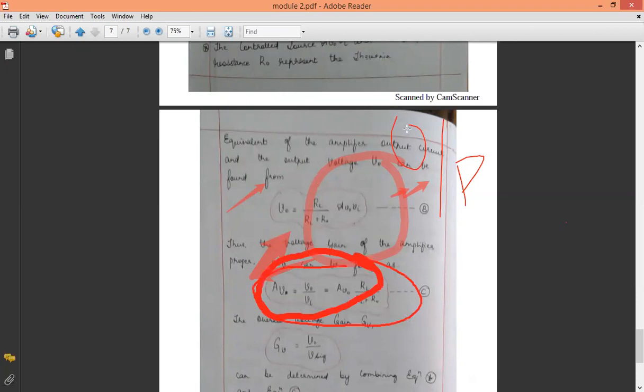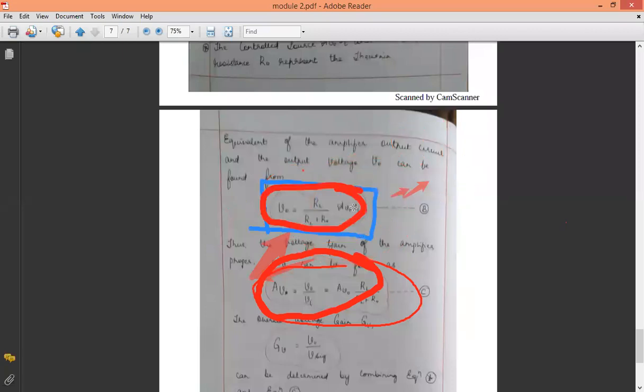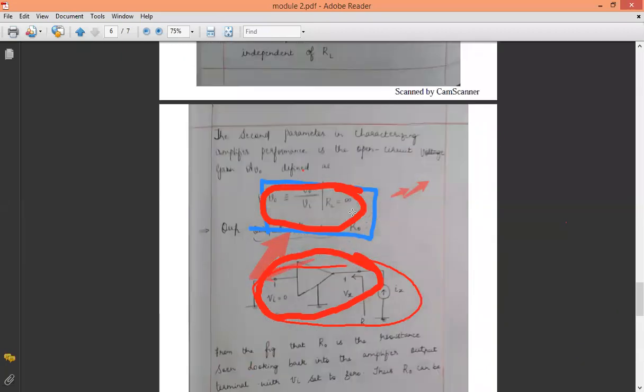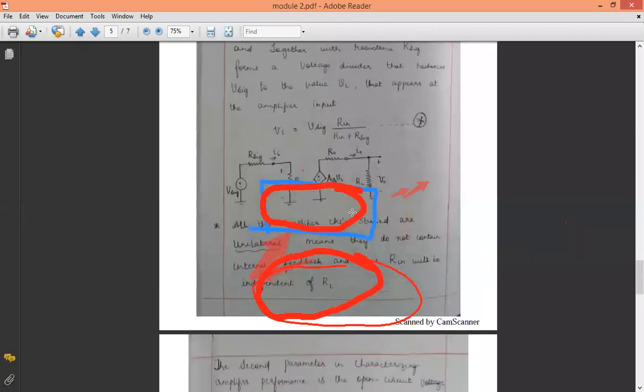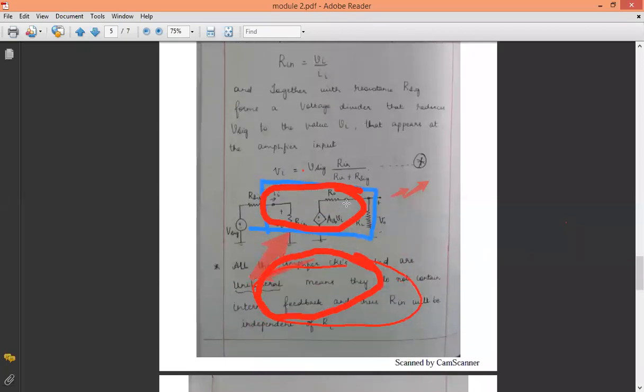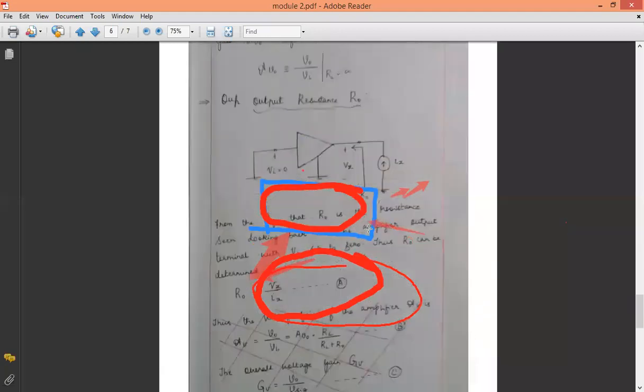So that is how we obtain the equation for V naught.